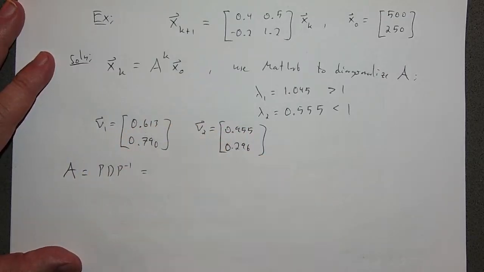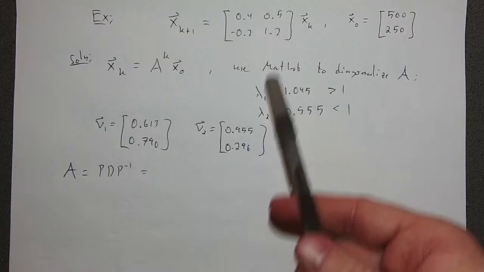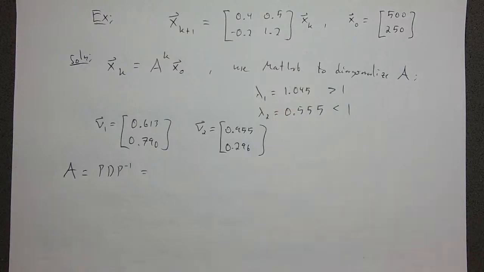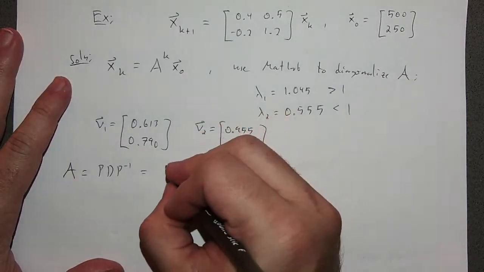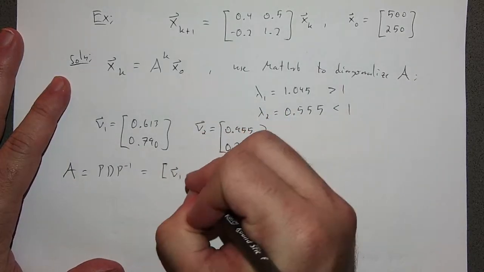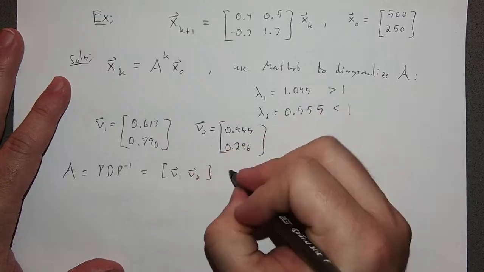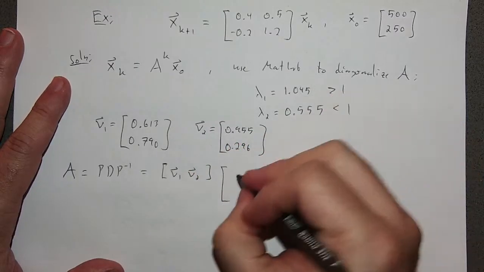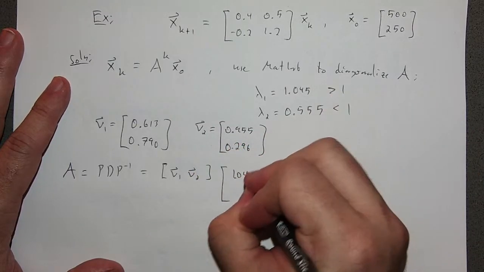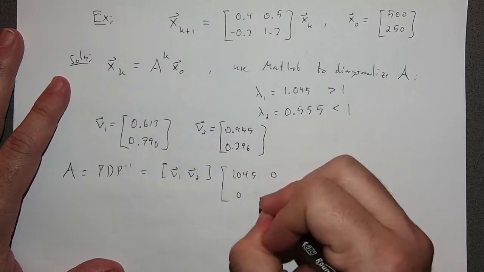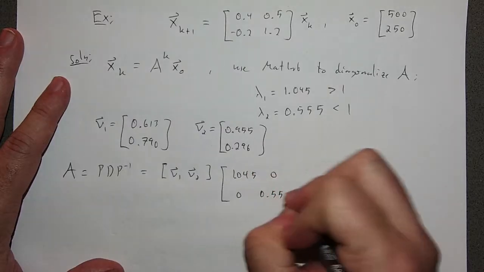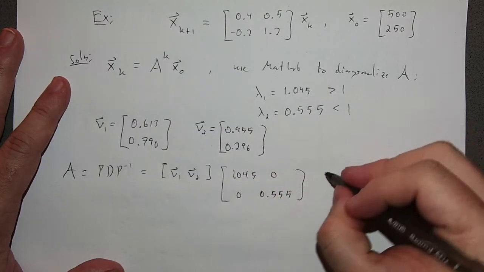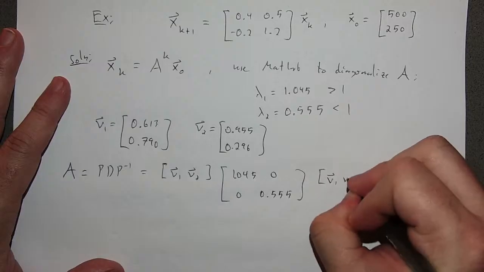These will be the columns of P. The diagonal matrix D will have lambda 1 and lambda 2 as its entries. So I'm just going to write P like this: v1, v2. And then D is going to have 1.045, 0, 0, 0.555. And then this would be the same matrix inverse.